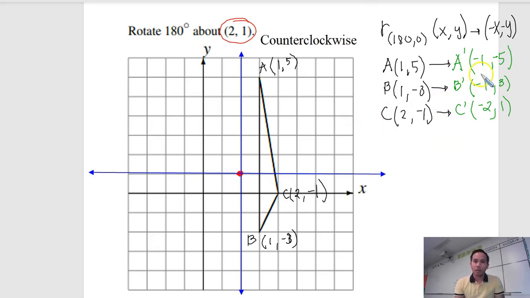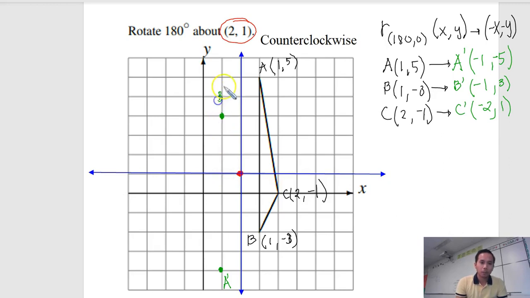All right, so (-1, -5), with respect to the blue color here. So that's -1, then -5: 1, 2, 3, 4, 5. So this is my A prime. My B prime is (-1, 3), that's -1, then 1, 2, 3.